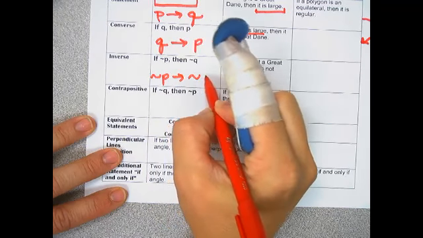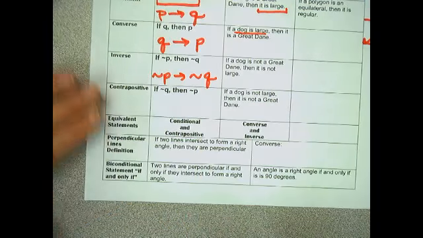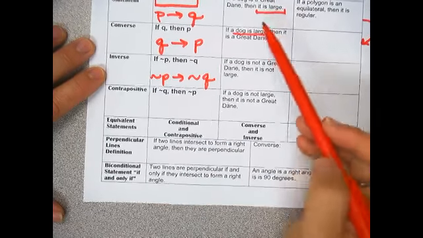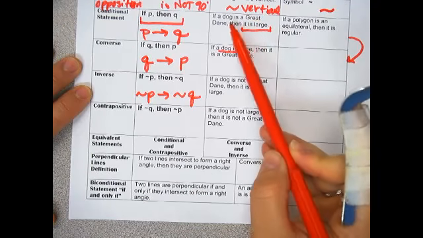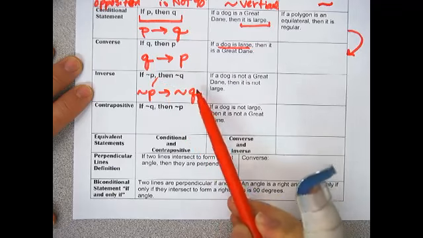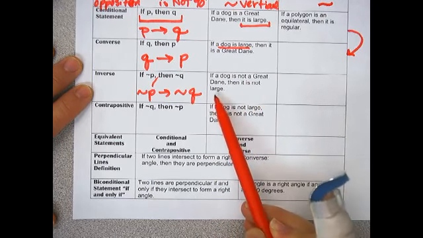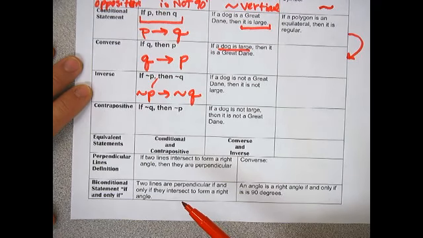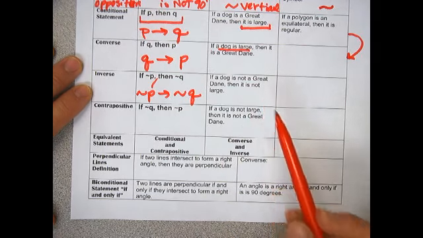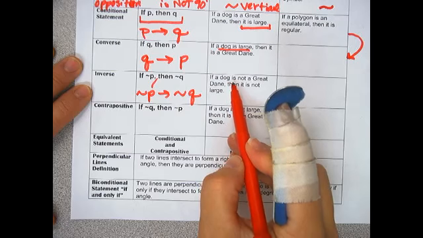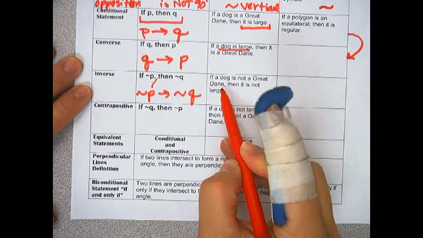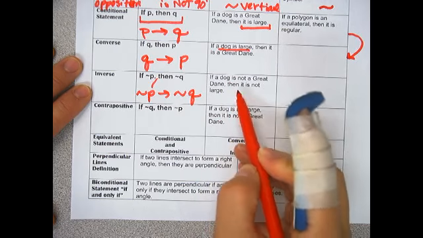If you need to pause the video, do that. The next one is the inverse, and the inverse is not P, not Q. So back here our original, if a dog is a Great Dane, to do not P, it would be if a dog is not a Great Dane, then it is not large.